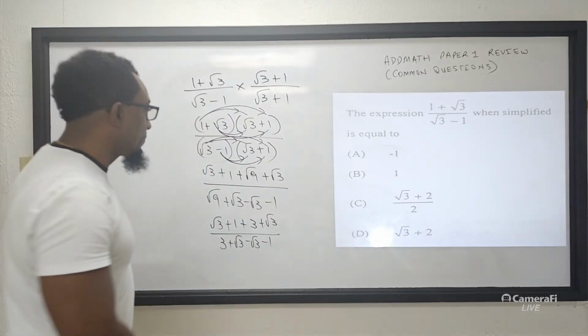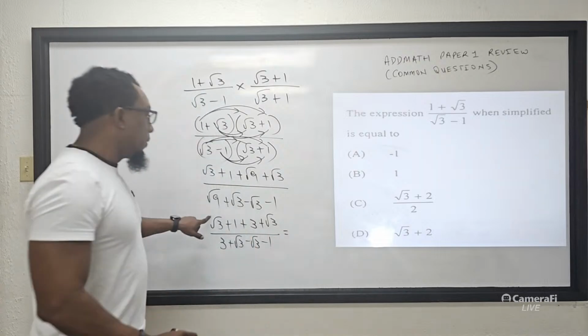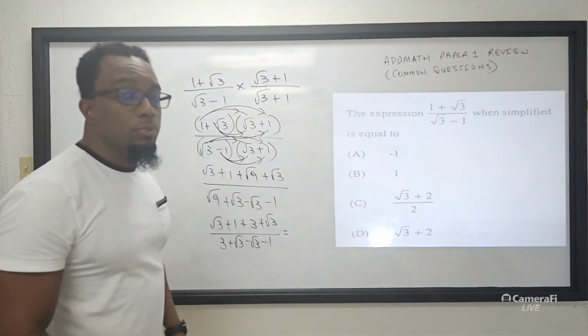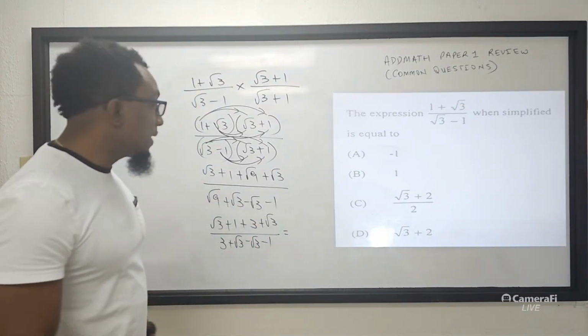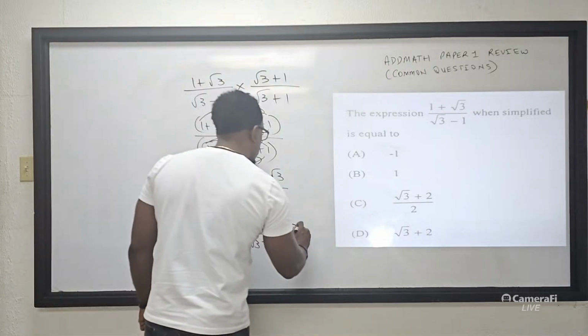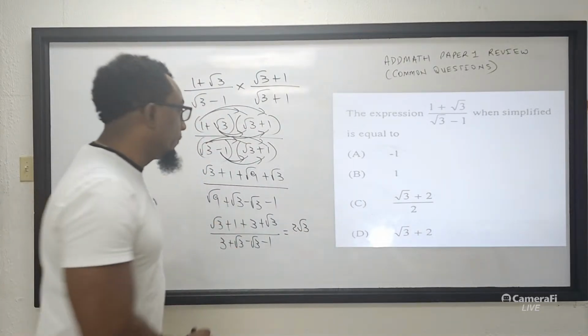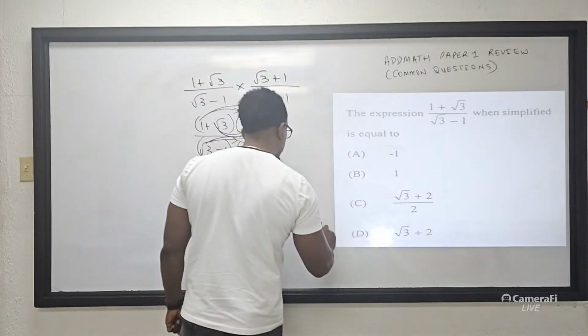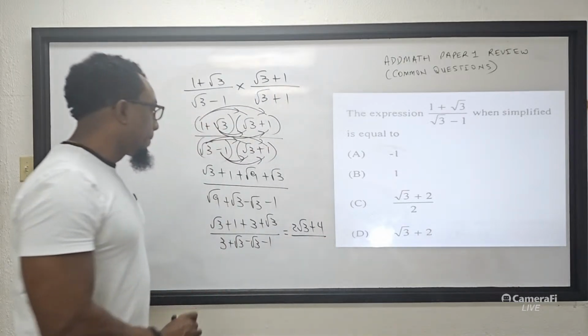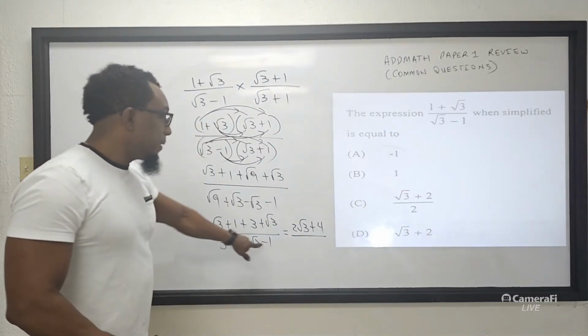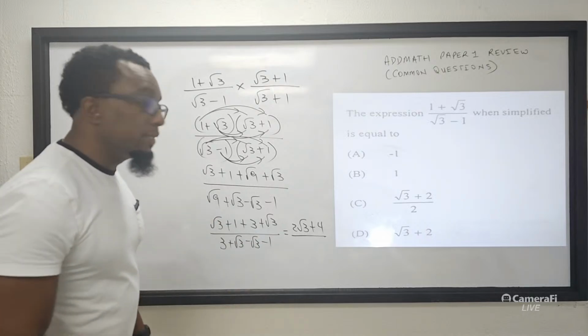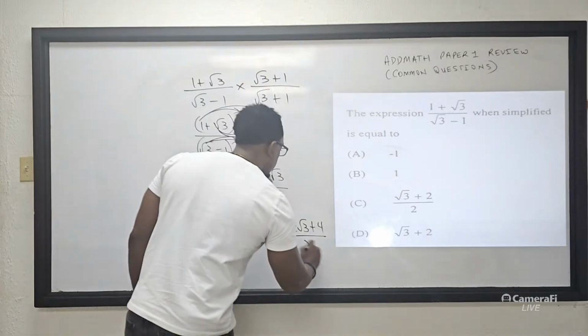So let's simplify. The square root of 3 and the square root of 3, those two are like surds, so that becomes 2 the square root of 3. 1 plus 3 is 4. So 2 the square root of 3 plus 4 over 3 subtract 1, those are like terms. 3 subtract 1 is 2.